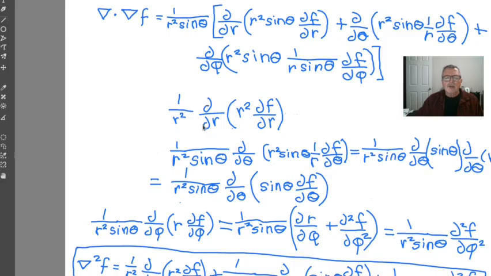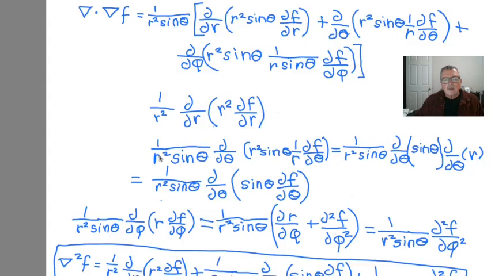Now let's go on to the theta component. The theta component is going to take this line and this line to work out. Here's the theta component. Does anything simplify? Well, it looks like this r simplifies a little bit. That can be factored out.